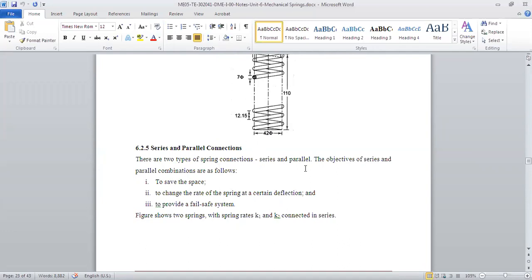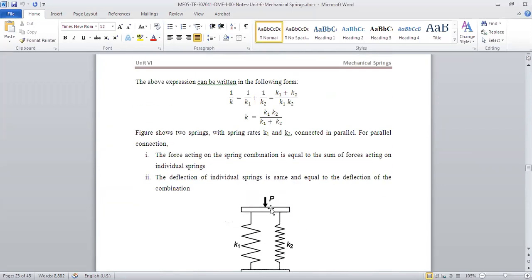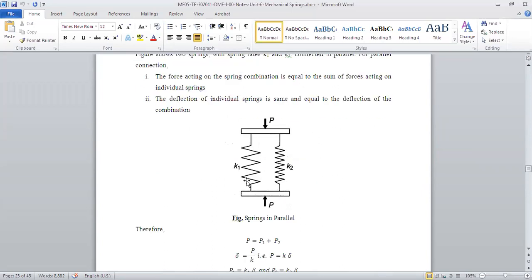We know we apply some load to a spring, it will have a uniform deflection. But sometimes we need more advanced applications of a spring. For that we can use springs in series or springs in parallel. So this is a spring in parallel.